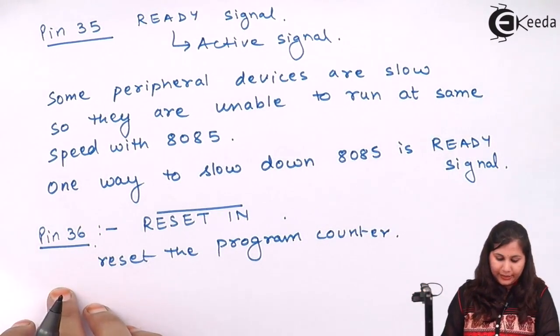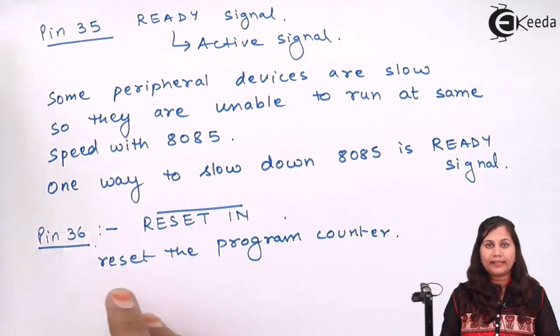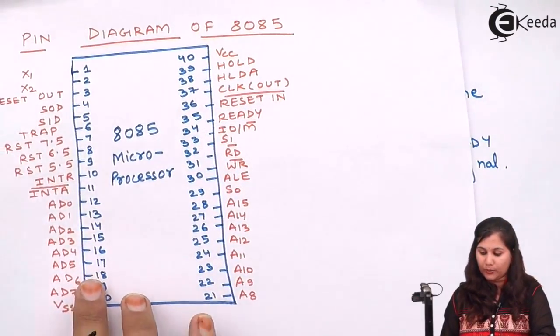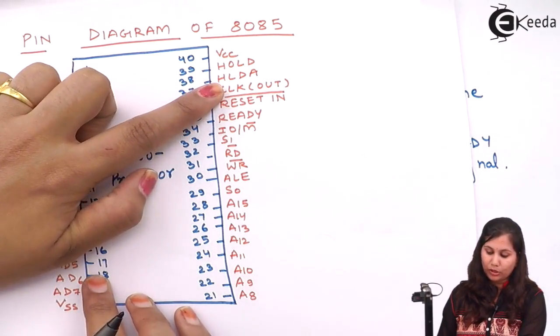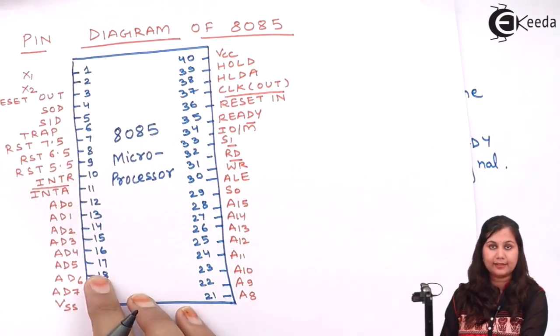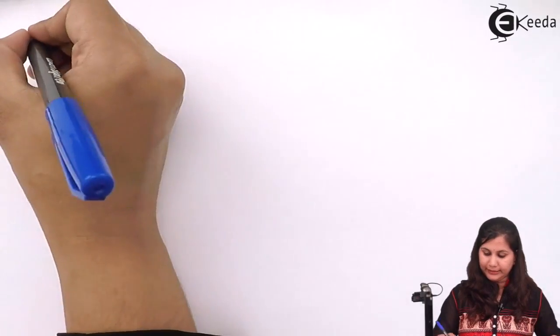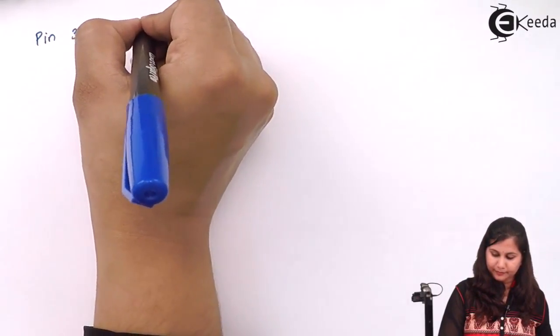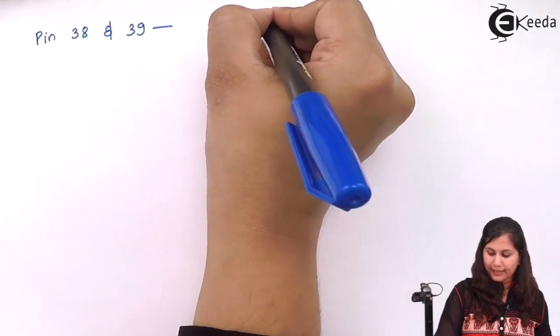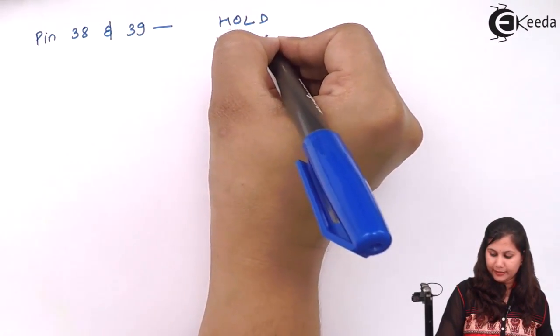Then pin number 37, we have already discussed. It is the clock out signal. Then we have pin number 38 and 39, the hold and hold acknowledge signals, Hold and HLDA.